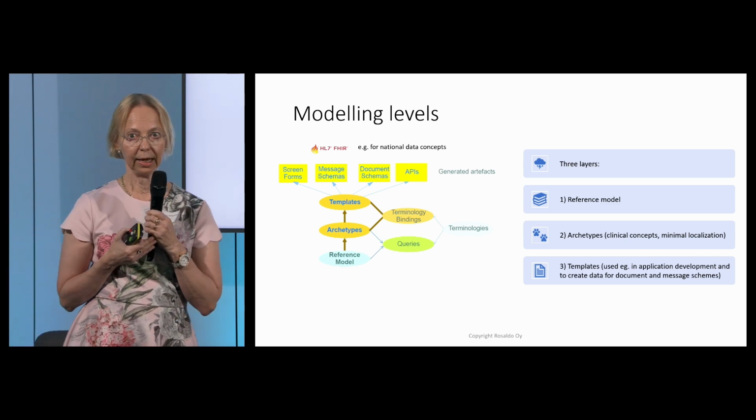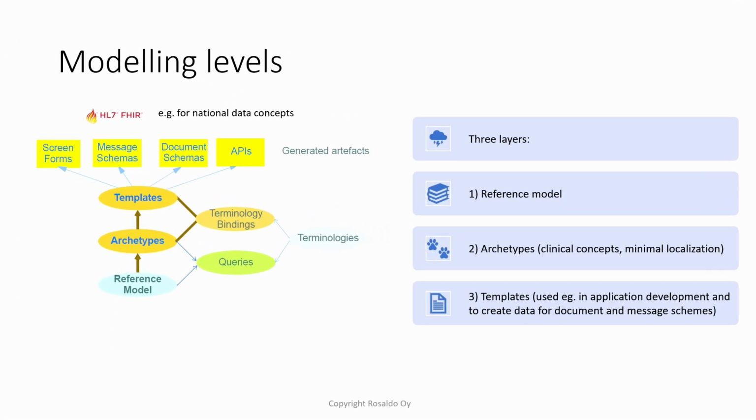We have 3 levels in our modeling layers. First of all, we have the reference model. That's the techie part, all bits and pieces, Lego bricks, archetype classes, data types, etc., that we then use on the archetype level when we build these clinical concepts.